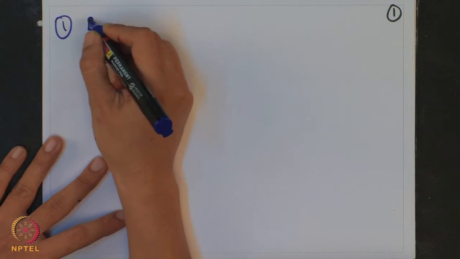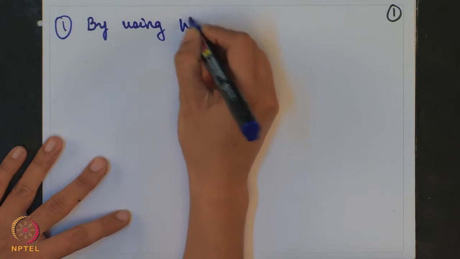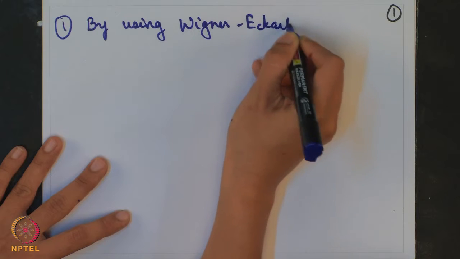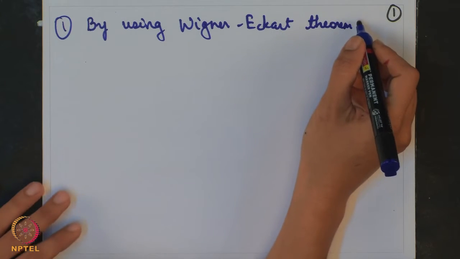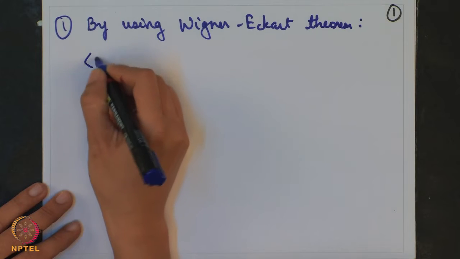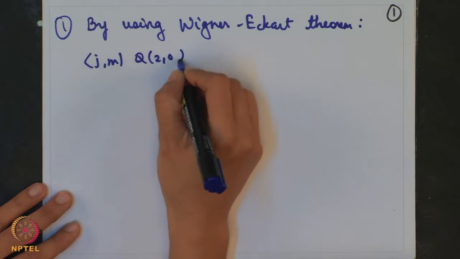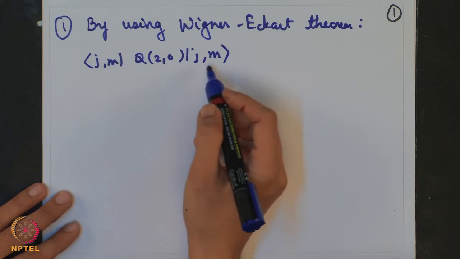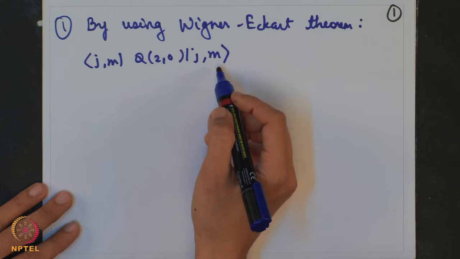So, the first step is to use the Wigner-Eckart theorem. You know that the matrix element <J, m| Q 2, 0 |J, m> has J1 equal to J2 equal to 1 and M1 equal to M2.